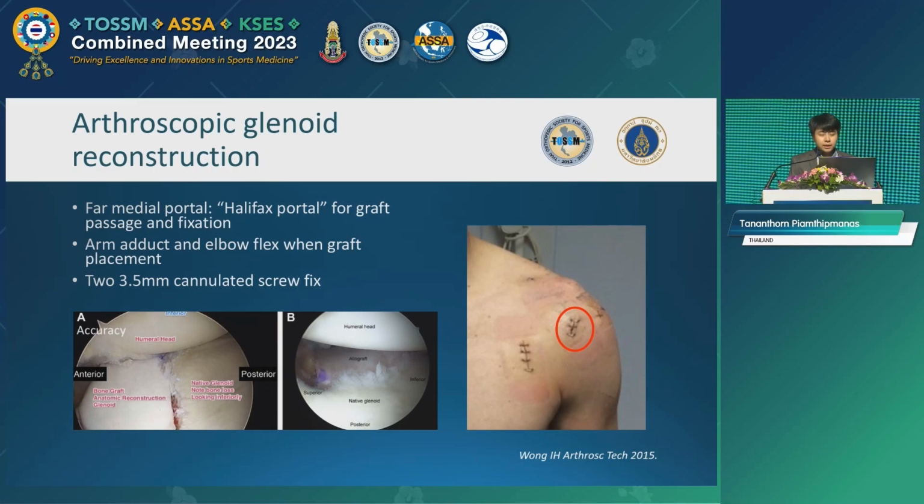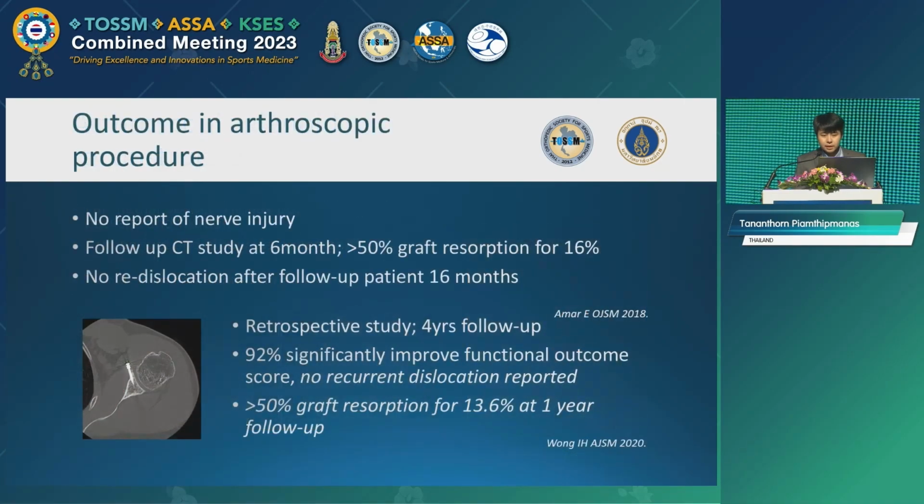Then a 2 mm cannulated screw is used to fix it. As for outcomes, there is no report of nerve injury, and there is a follow-up study at 6 months showing 16% graft resorption, but no redislocation after 1 year of follow-up. At 4-year follow-up, they also showed improved functional scores, with 92% of patients having good functional scores and no recurrent dislocation reported in any patients.